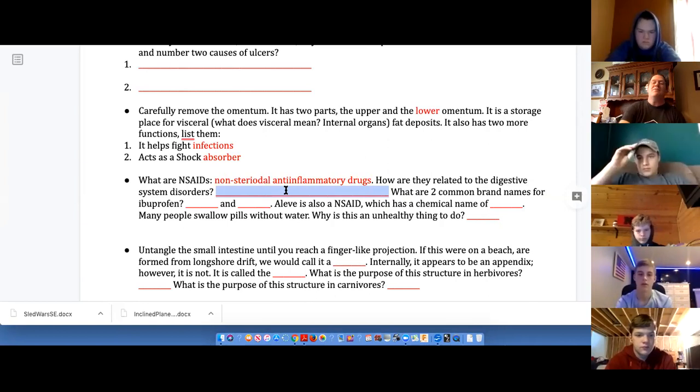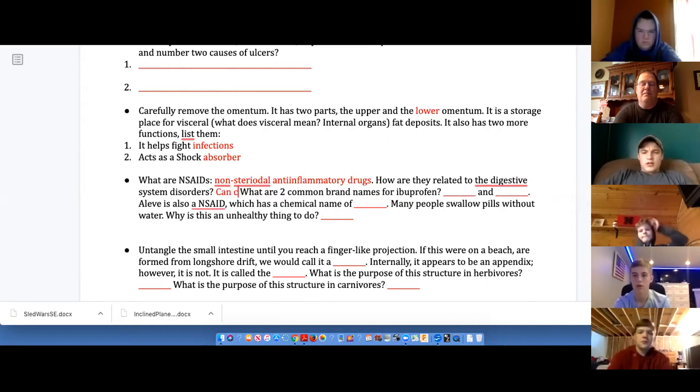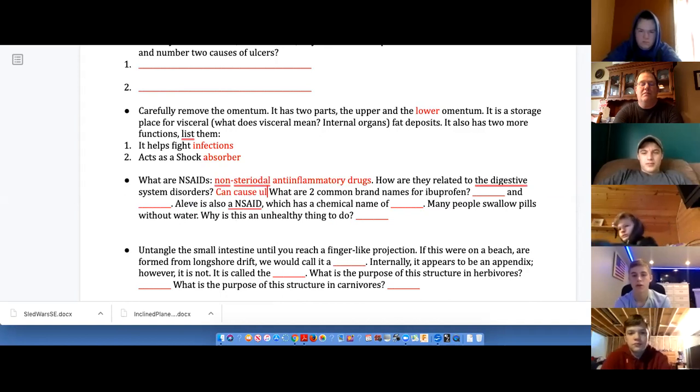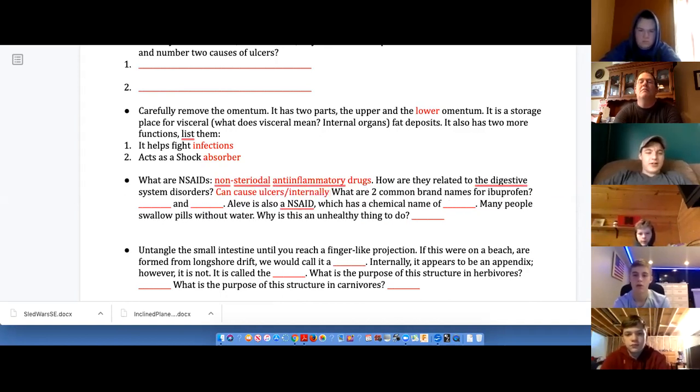Anybody have an answer for that one yet? They cause ulcers and internal bleeding. I put something like duodenal ulcers. Yeah, so ulcers of the duodenum.